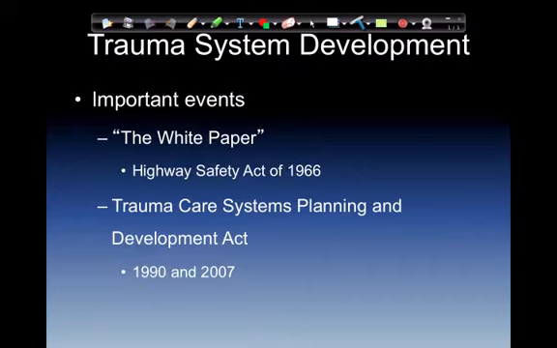The focus of this was to guide and develop EMS services, improve equipment, communications and transportation, and develop training standards. The Trauma Care Systems Planning and Development Act of 1990 and 2007: 1990 defined components of a trauma system and designated funding. In 2007, it restored funding provided by the 1990 Act and expanded reporting requirements. So a little bit of another infusion of governmental money for something that is very expensive.